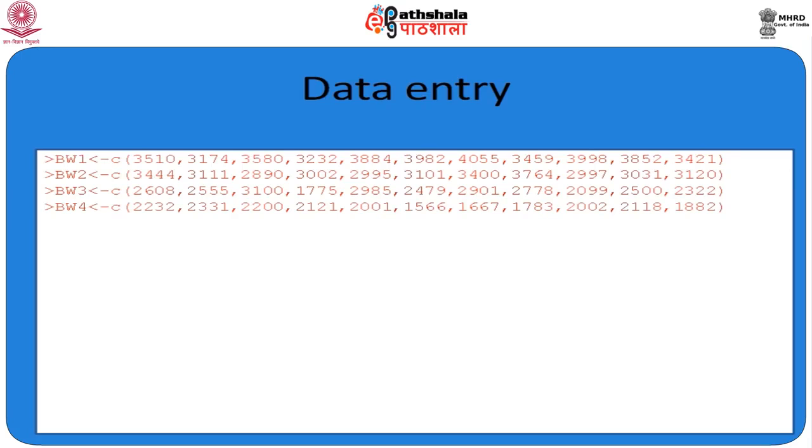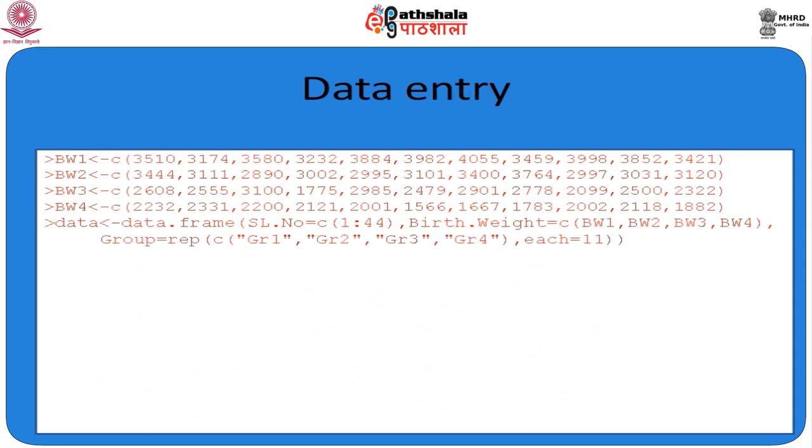And as you know, the data should be entered within the function c. c stands for combine, and then finally the data can be formed in this manner: data equals data.frame, serial number 1 to 44, because each group had 11 participants. So 11 times 4, that is 44. So 1 to 44, and the birth weight equals this.